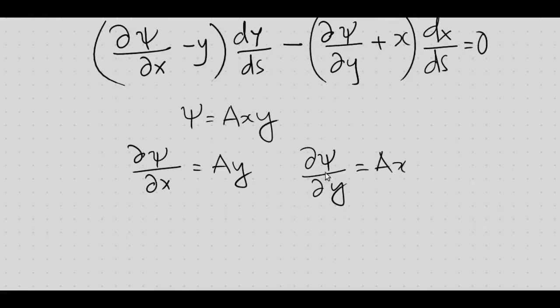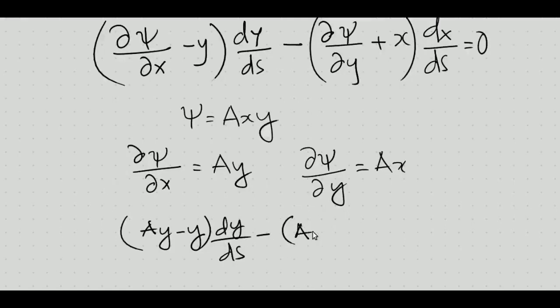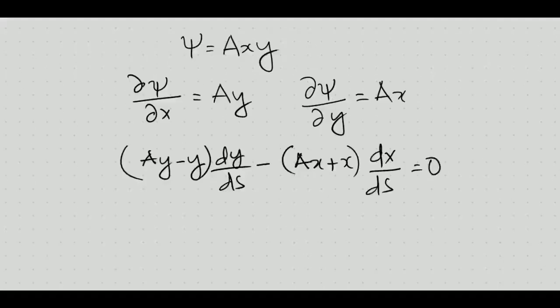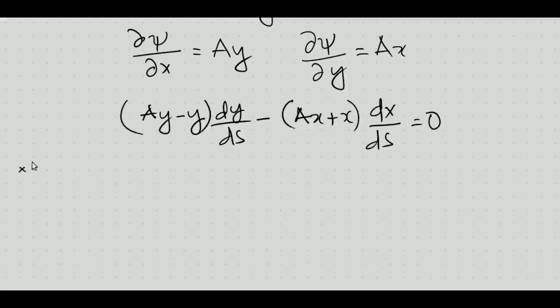If we substitute these values in this boundary condition, we will get the equation for the boundary as ay minus y dy by ds minus ax plus x dx by ds equal to 0. And if you multiply this by minus 2, what we will get?